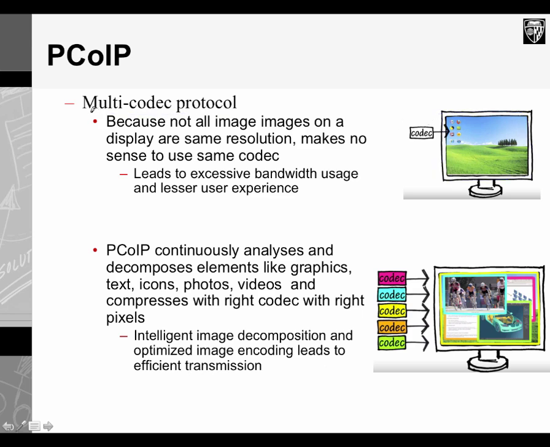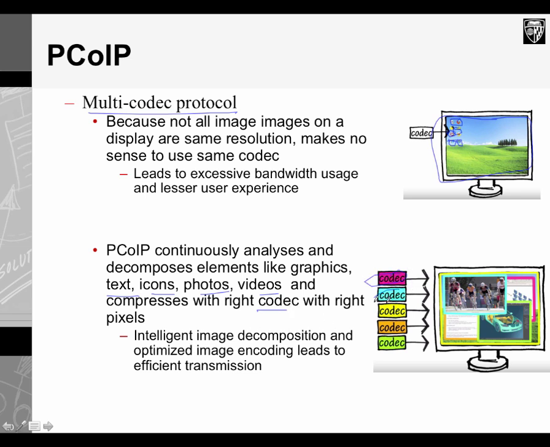PCoIP also supports a multi-codec protocol, and the idea here is that if you look at the workspace, there are lots of images. There is the image for the background. There are also these icons. Rather than encoding the entire thing as an image, they look at the graphics and encode different aspects of the screen differently. So if they have text, icons, photos or videos, they're all encoded differently.